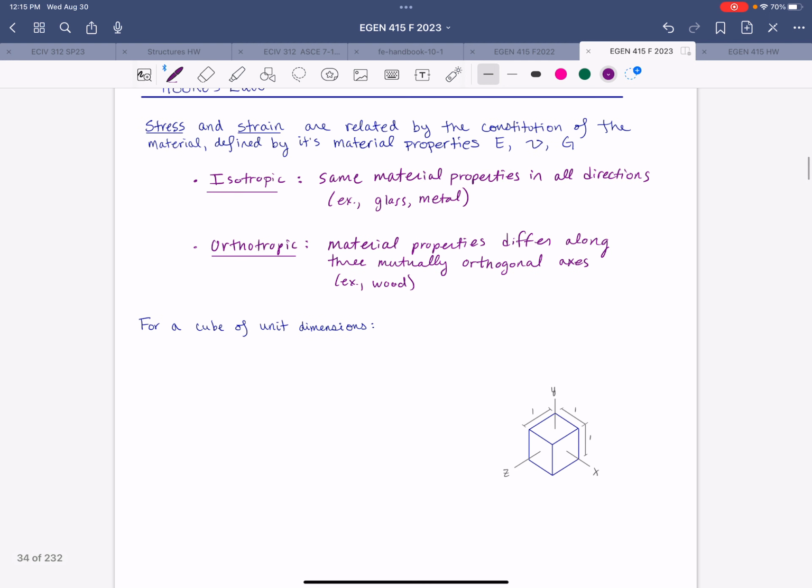Once again, we'll come back to orthotropic materials on Friday, but today we'll focus on isotropic.